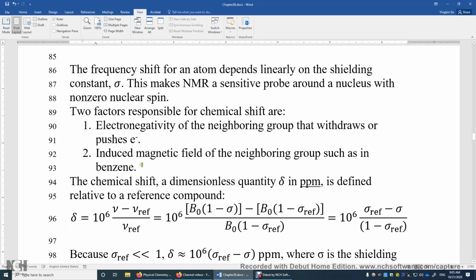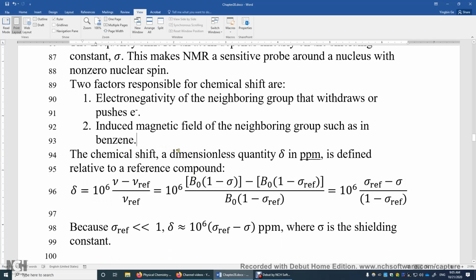I'm sorry, there are three. So this is the induced magnetic field of the neighboring group. There are two factors embedded in here. When you have a benzene, you basically have an electric current formed by the pi electrons. So that's a little bit different from just the conjugation in 1,3-butadiene.